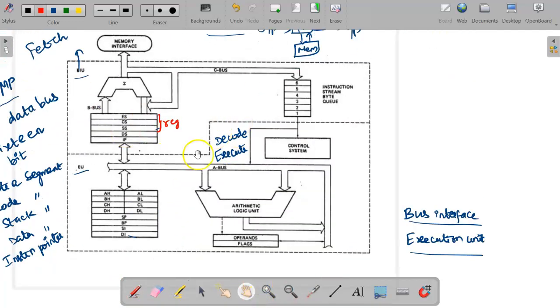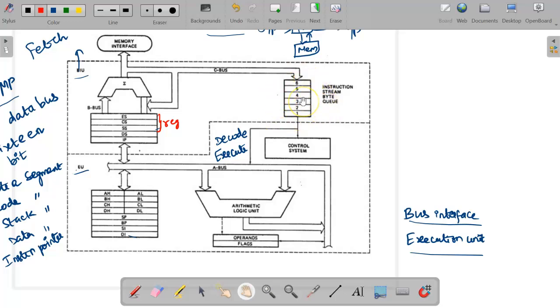So coming to the bus interface unit, we have these 4 segment registers and IP, which is nothing but the offset address. Then we have the bus interface unit, which is connected with the instruction byte queue. What is the purpose of the instruction byte queue?